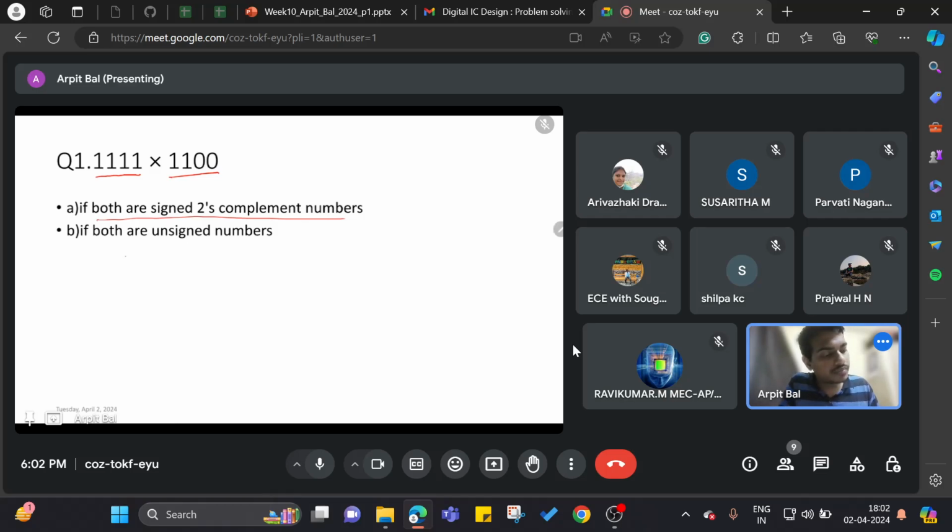So what is 1111 in decimal? 15. No, it is given that both are signed, so in 2's complement representation.